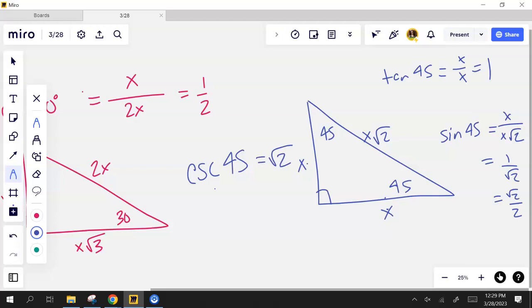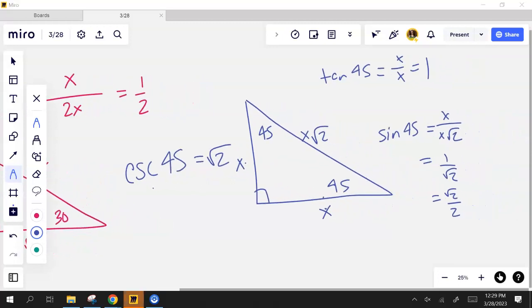How do you know it? Why did you move the bottom down? Why did you not put square root of 2 over 2?